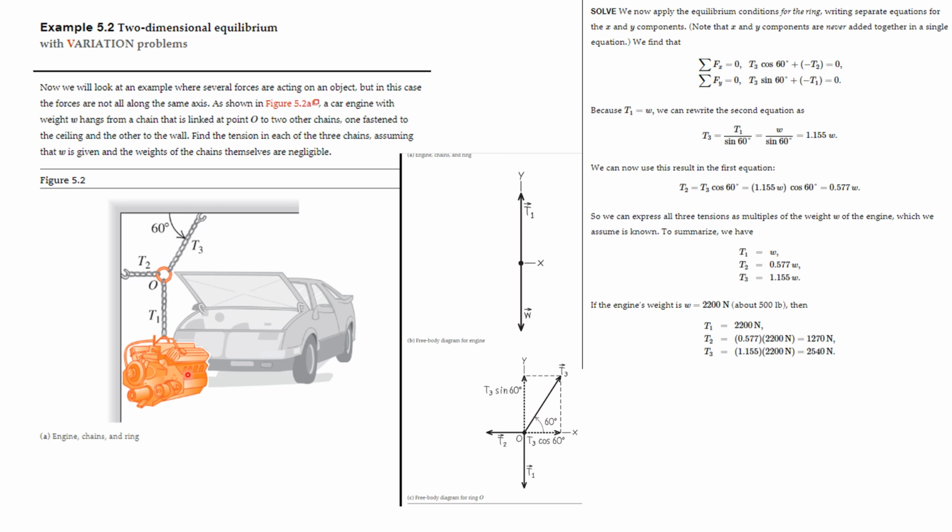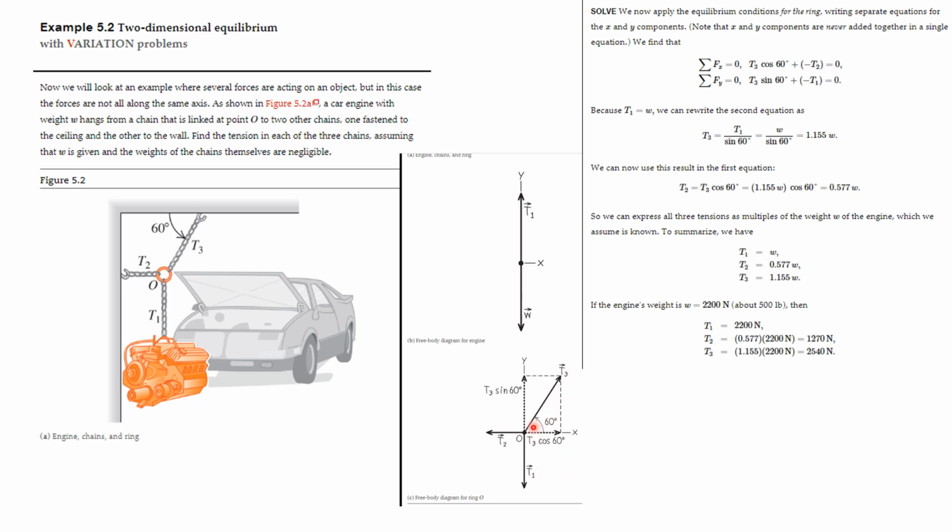So what we're saying is, if this is in equilibrium, there is an up and sideways force happening with this T2 because it's pulling up and over, and this one is just pulling over, and this one is pulling up. So we have to balance all of those. And here's the free body diagram that we're really looking at.